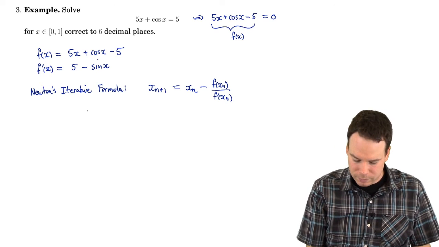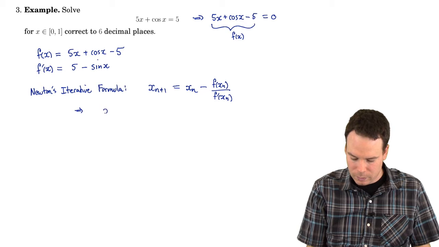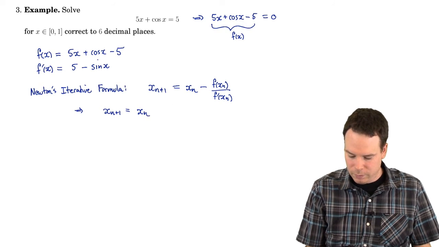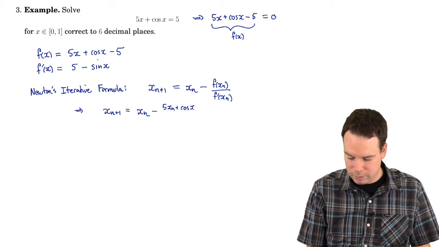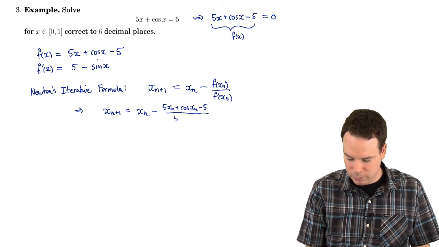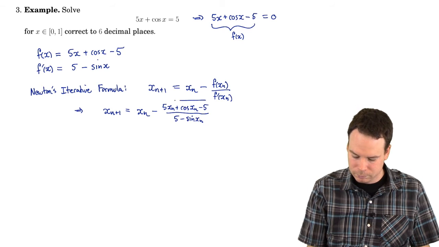And in this case, f of xn is 5xn plus cos xn minus 5, all over 5 minus sine xn.